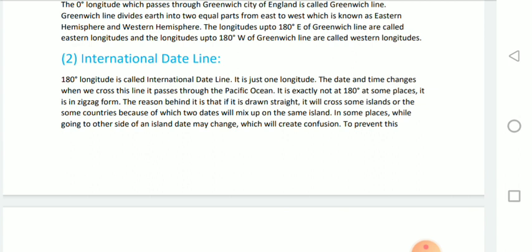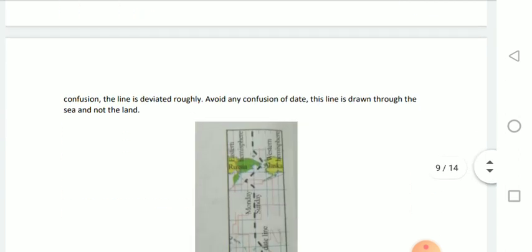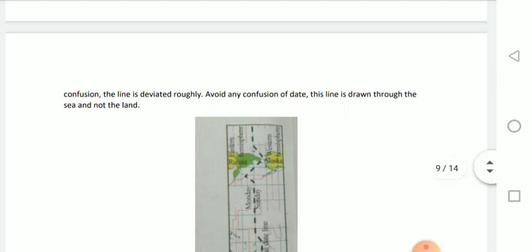In some places, while going to the other side of an island, the date may change, which will create confusion. To prevent this confusion, the line is deviated to avoid any confusion of date. This line is drawn through the sea and not the land.